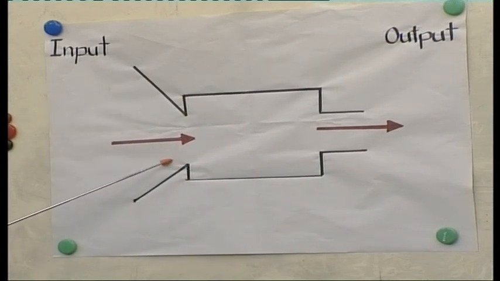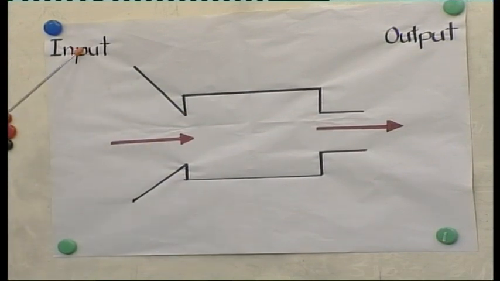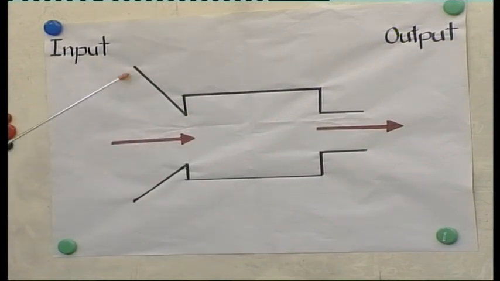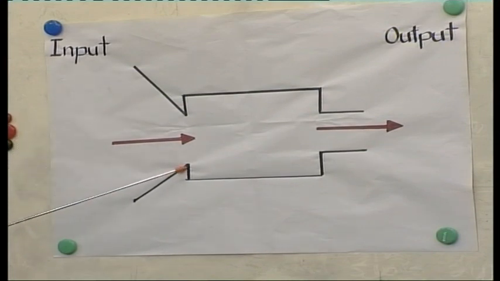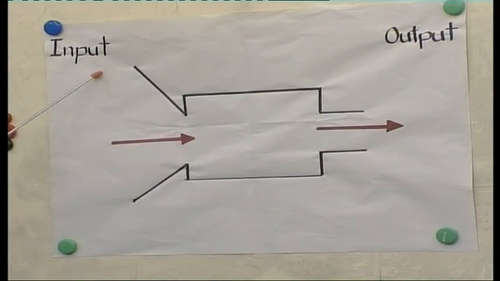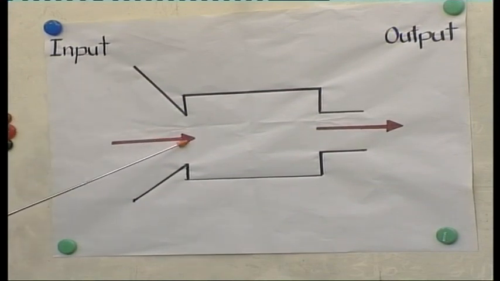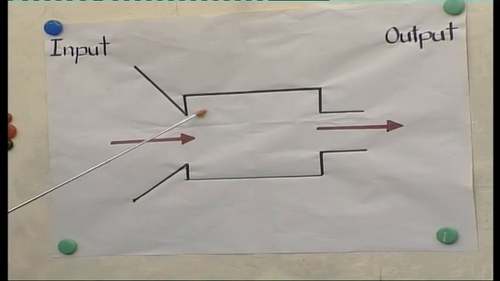A function machine has an input. Okay, this is the input area. This input area is the place where all the numbers can go through. Can you see where the arrow is? This is where all the numbers go through. And there's a space here.